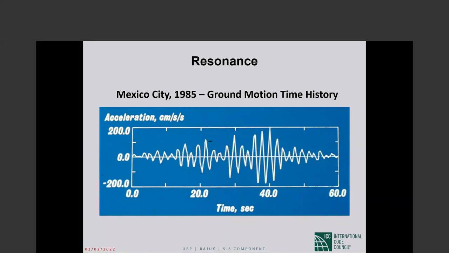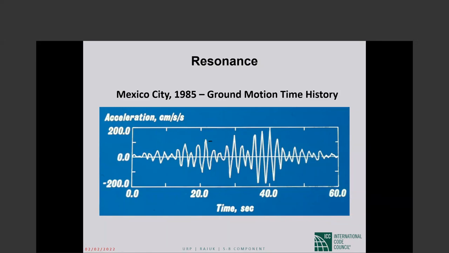The ground motion that arrived on rock to the west of Mexico City was about 4-5% of gravity at most. That would not have caused any damage whatsoever. But the soft soil of the lake bed amplified the 4 or 5% of g on rock up to about 20% of gravity. And that caused devastation to downtown Mexico City structures. It was just awful to see what had happened.